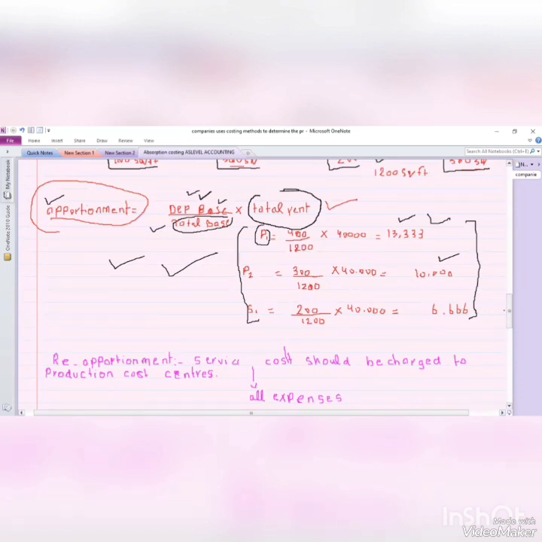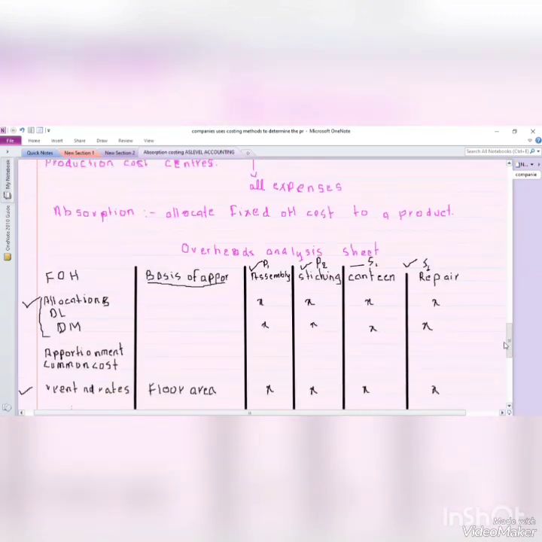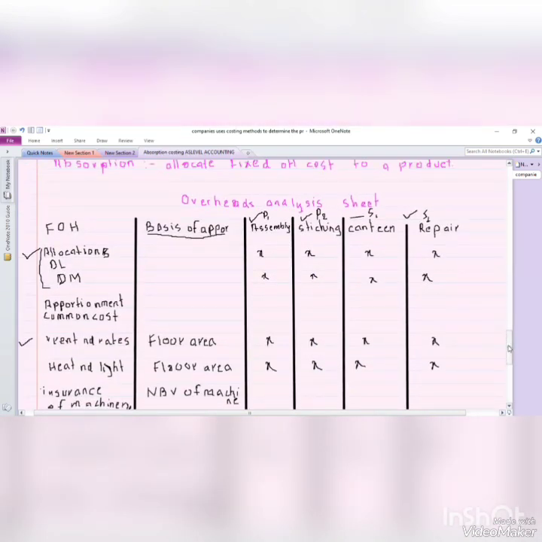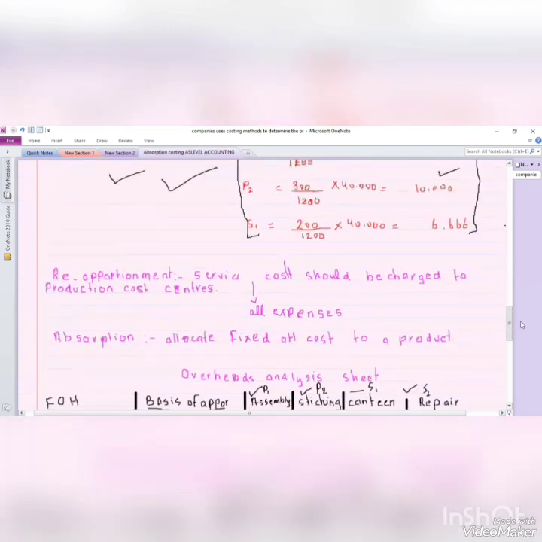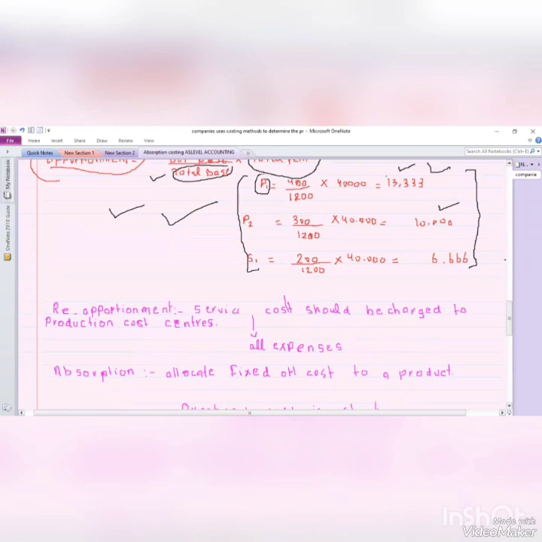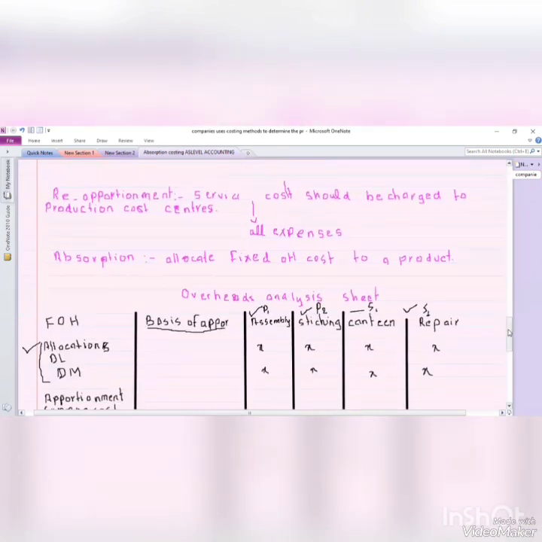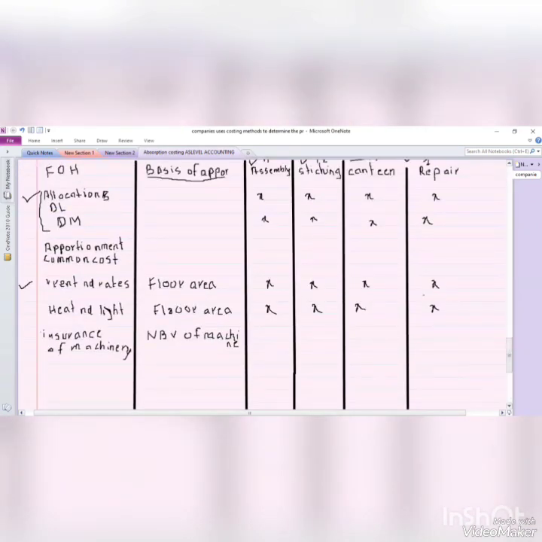You would have different net book values for different departments, so you just add all the net book values of machinery, and you will have the total net book value. By this, you will come to know the insurance of machinery for the different departments, and you just put those amounts in each respective department.